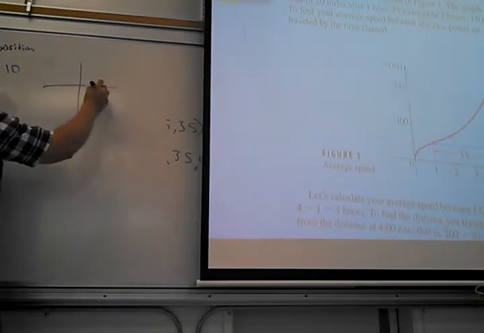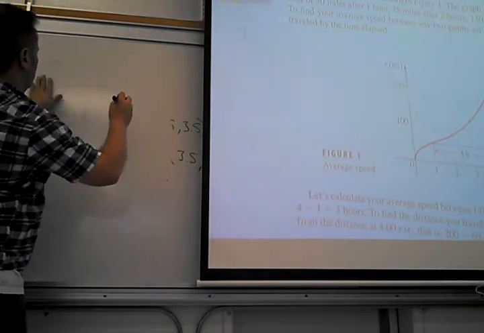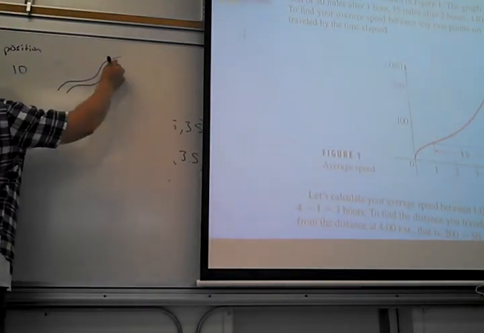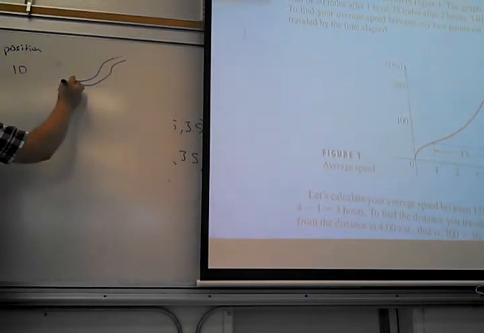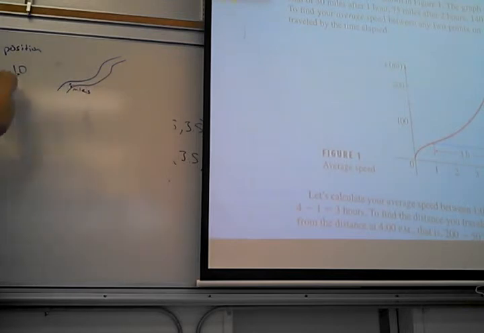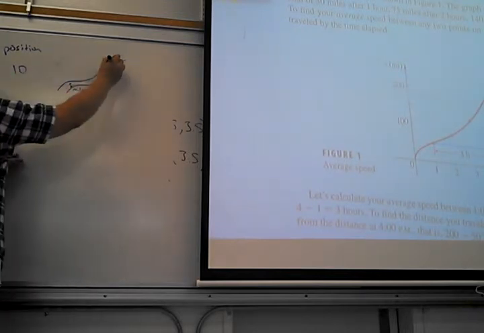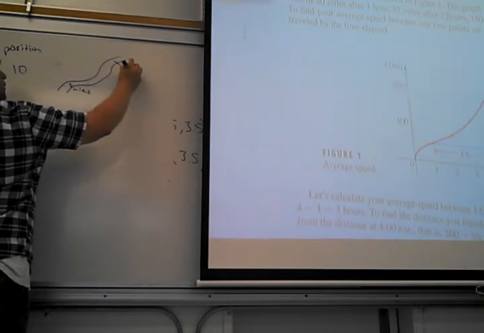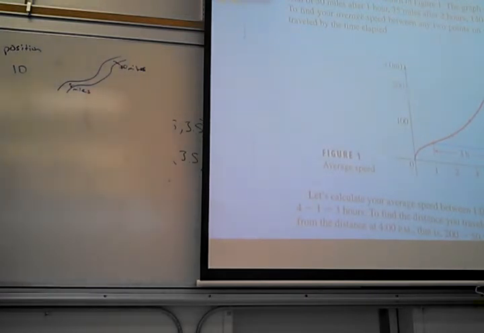So we got this like this route. Maybe it's going to be a race route. So we're here, position 10 miles down the road. And at 4 p.m. we're at position 70 miles down the road, right? And away from the start.